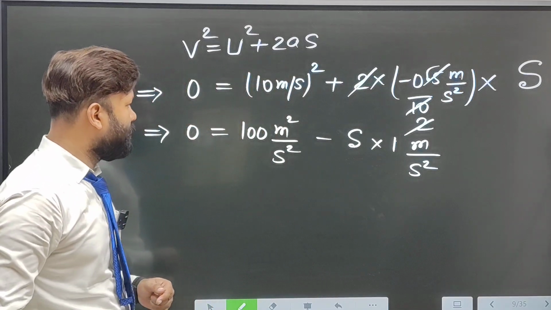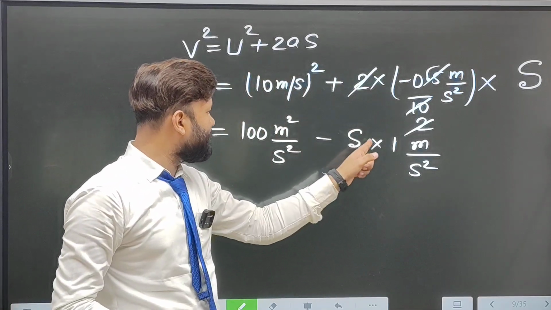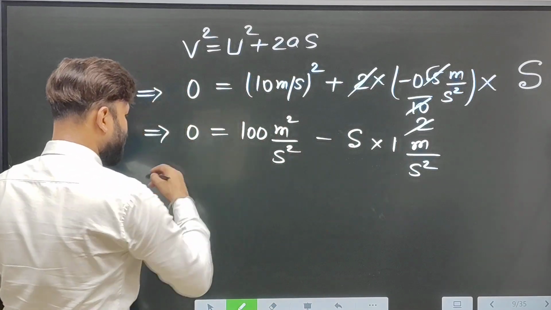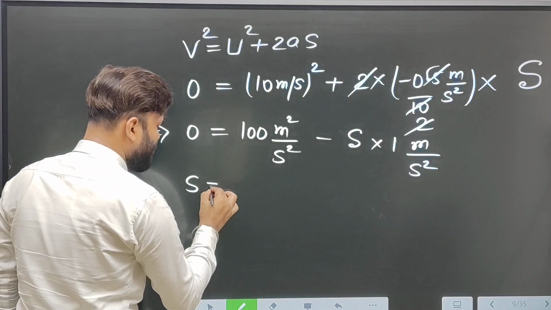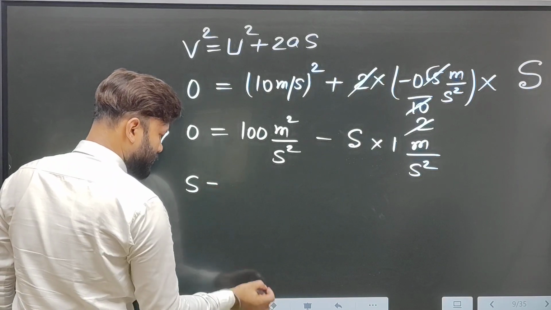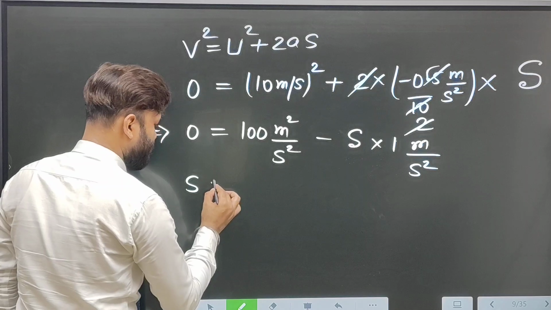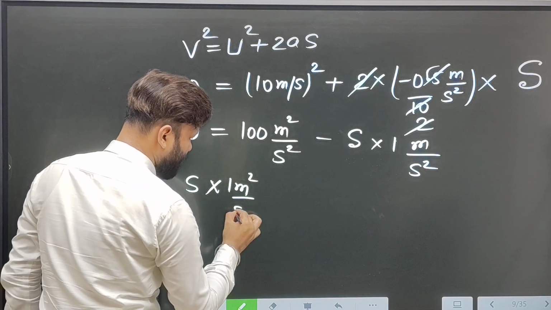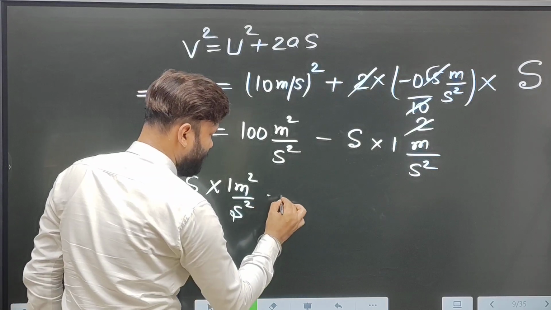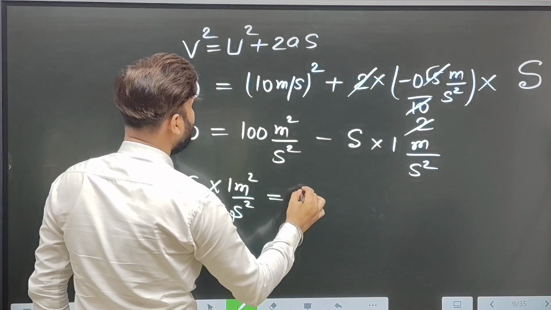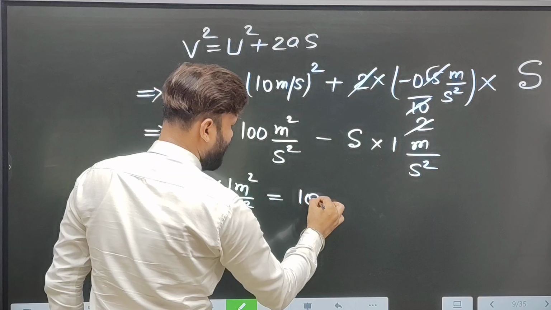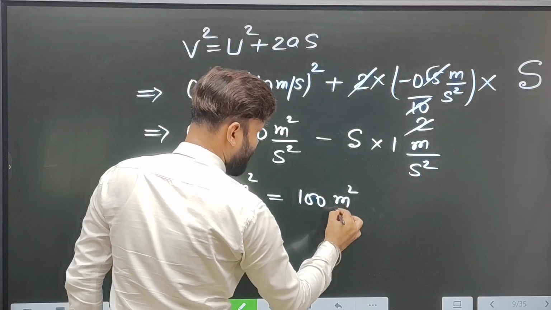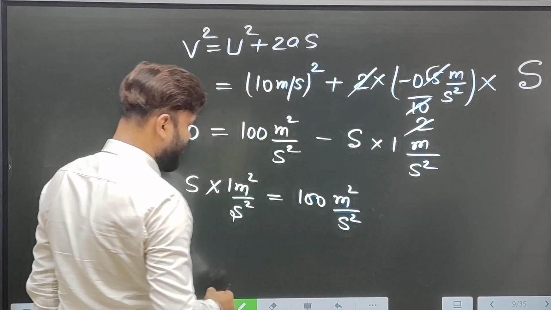per second square. Now this minus distance multiplied by 1 meter per second square will come to this side, then s multiplied by 1 meter per second square equals 100 meter square per second square.